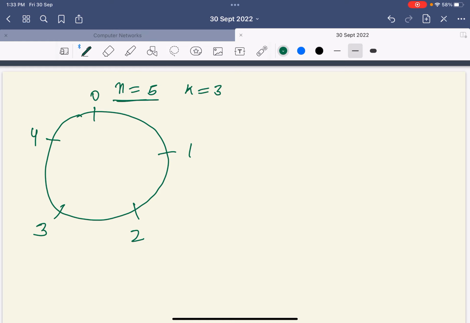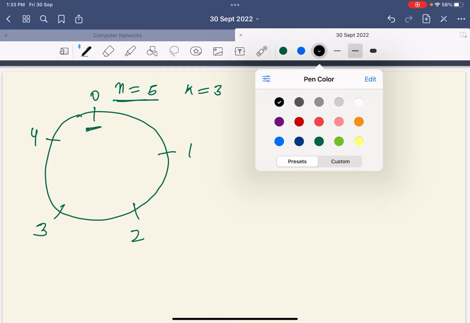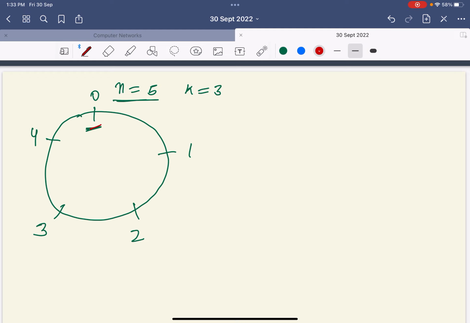And in each iteration we are killing the third person starting from the 0th person. What is the third person which I will kill? Starting from 0, the third person is first, second and third.